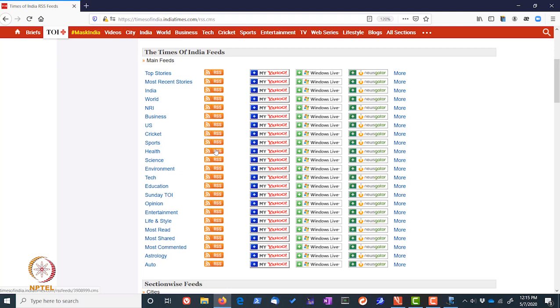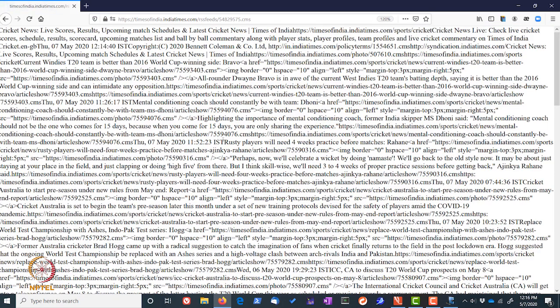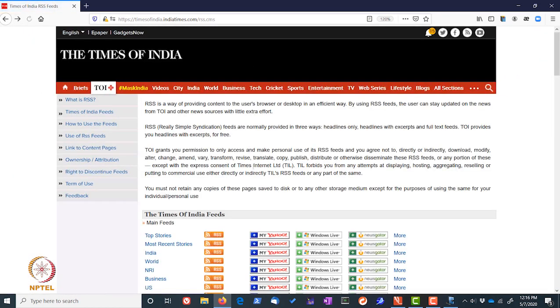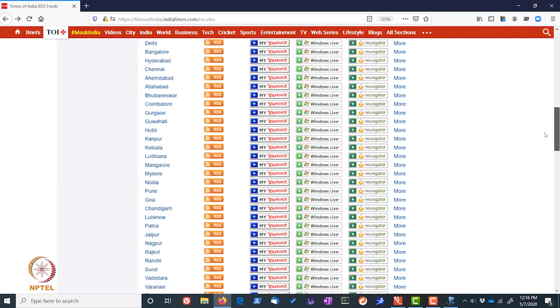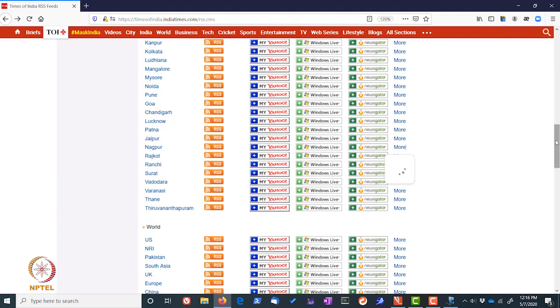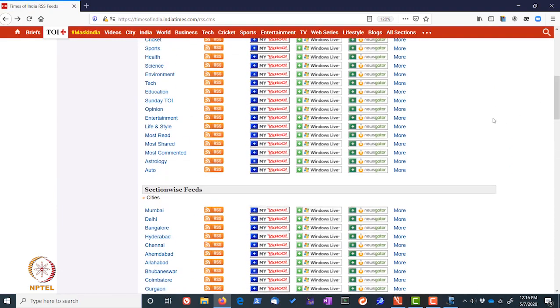The moment that there is a new story in, for example, science, I will have a dedicated RSS feed reader, and it will show me the update in science. Let me click cricket, for example. What you see over here is a complicated, unreadable piece of text. But if I were to open the same in an RSS feed reader, then I would nicely see all of the updates in my feed reader.